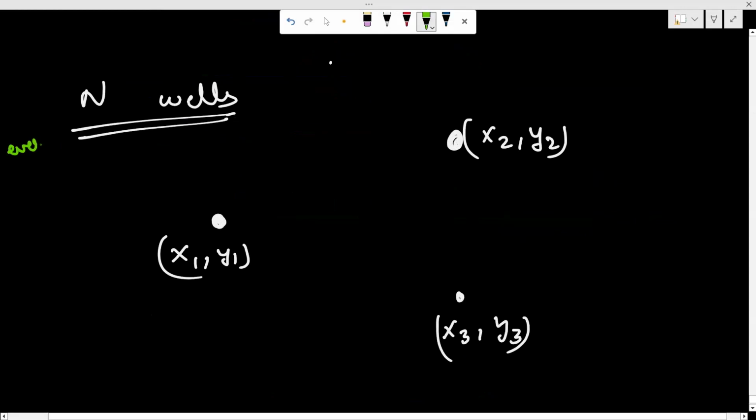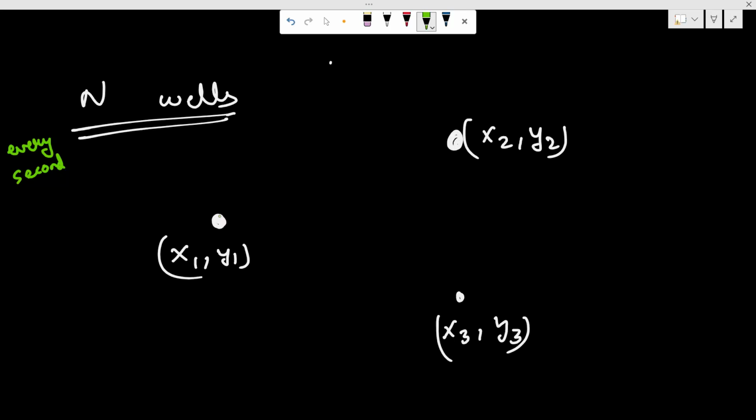Now every second, what is happening? In the first second, the wells start extending in cardinal directions by 1 unit. Initially, these wells don't have any channel; the channel length is 0. At the first second, all of them will extend by 1 in all 4 directions.